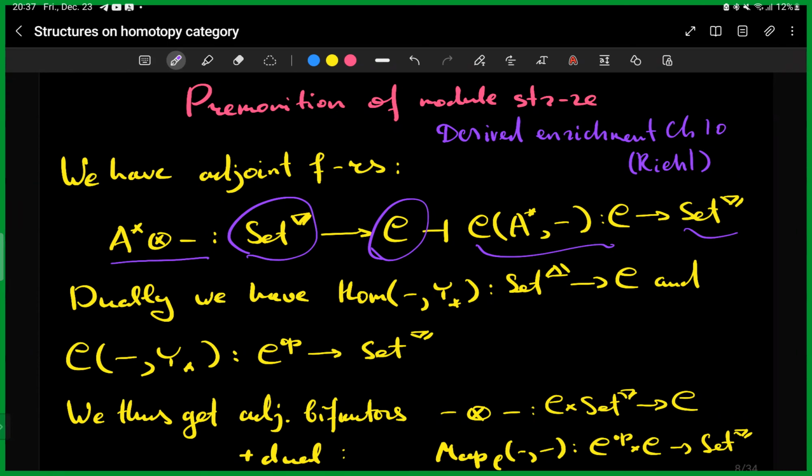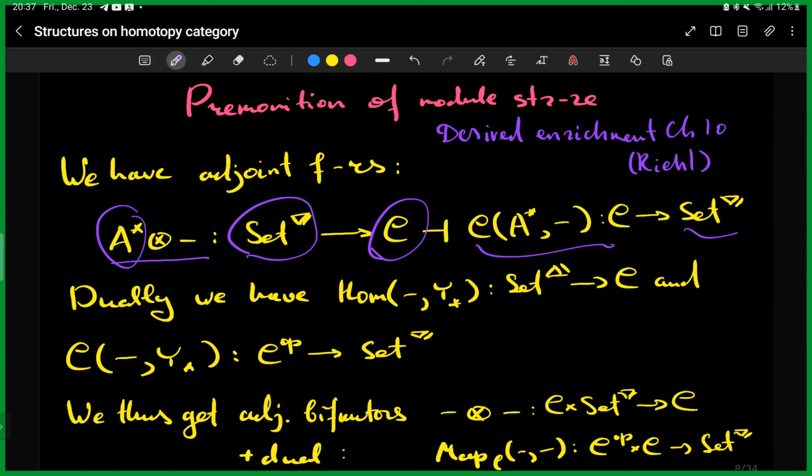Here we have a co-simplicial object A upper star, and we want to plug in a simplicial set. Given a co-simplicial object and a simplicial set, we can mash them together to obtain an object in our model category.